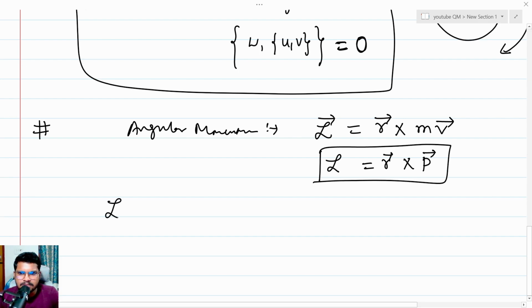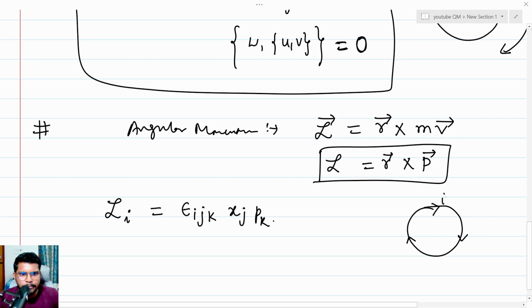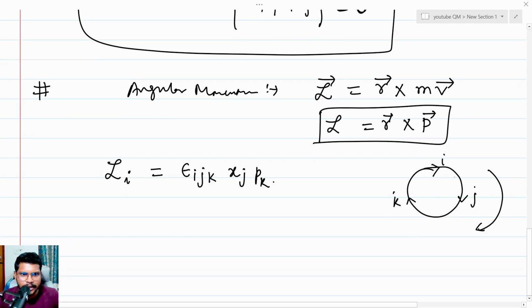Now, in 3 dimensions, I can write angular momentum component-wise, like epsilon ijk. r over here denotes the position, let me write x_j, and p is p_k. What is epsilon ijk? It has the permutations of ijk. If you move in a cyclic direction, let us say ijk, jki, or kij, with all these indices distinct, it will always give you 1.